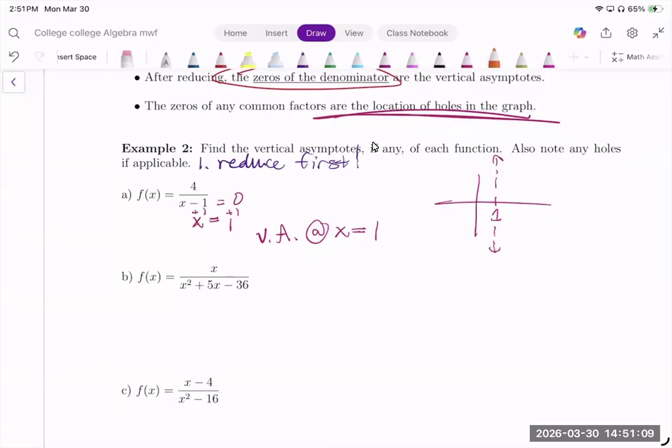Next, we want to factor x squared plus 5x minus 36. What are the factors of 36? 36 and 1, 2 and 18, 3 and 12. Does 4 go into it?